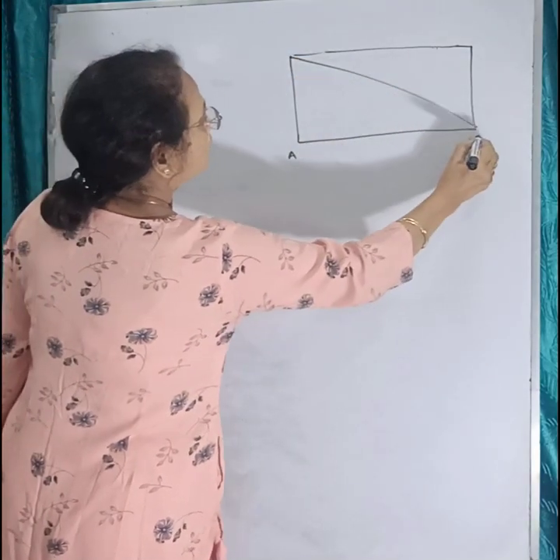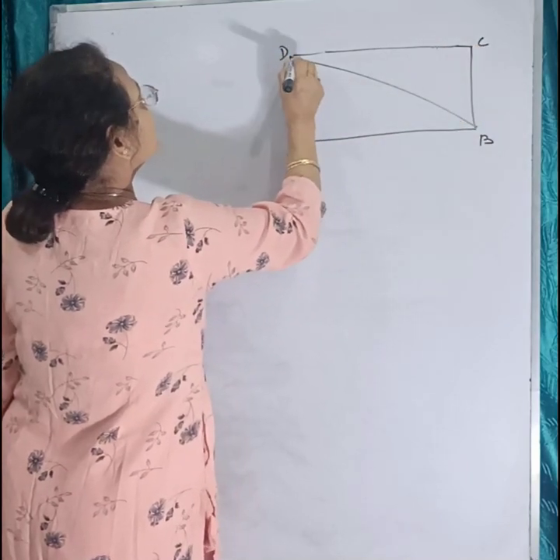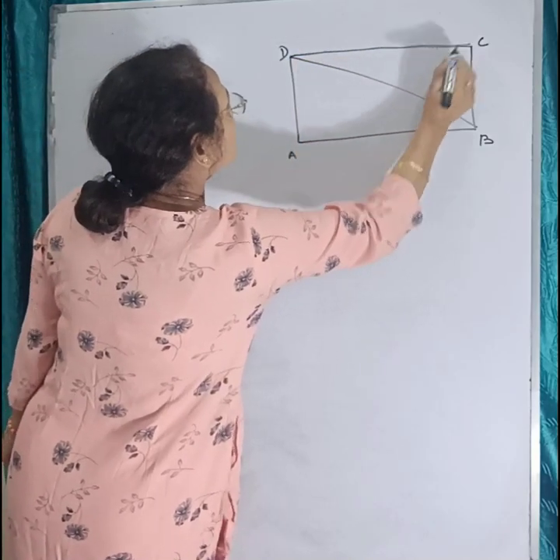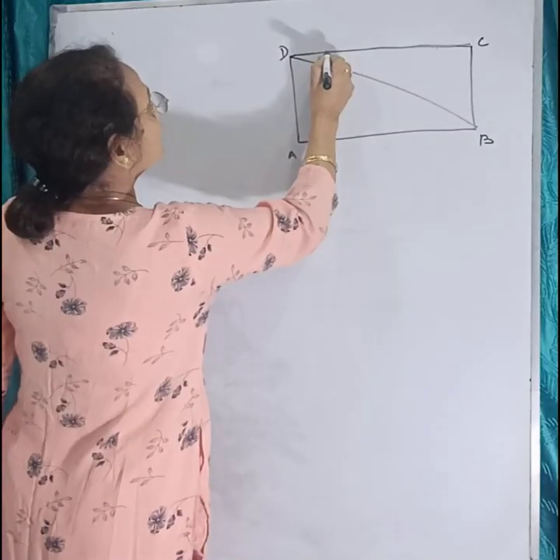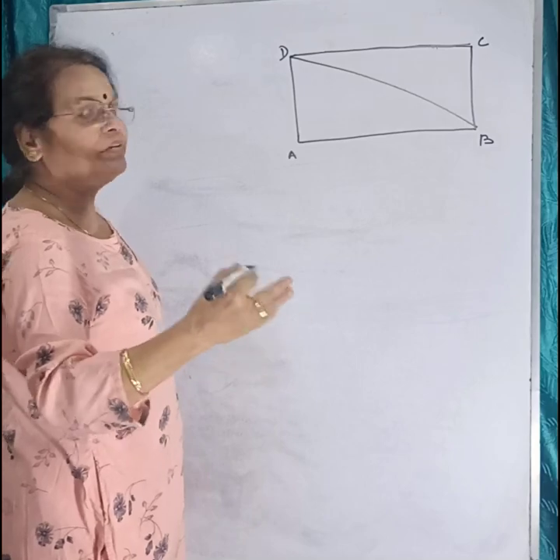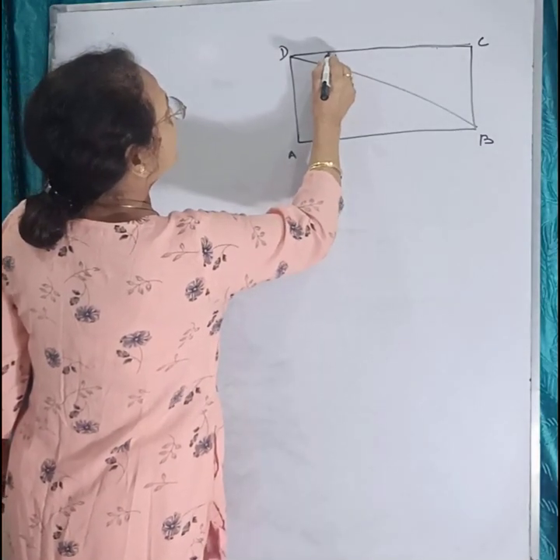ABCD is a rectangle and AB is the diagonal. A square is drawn inside the ABC rectangle. ABC rectangle में स्क्वायर बनाया गया है. इस तरह से बनाया गया है.